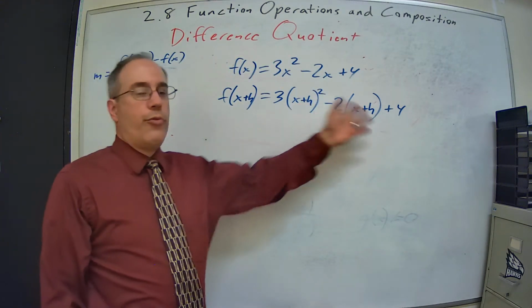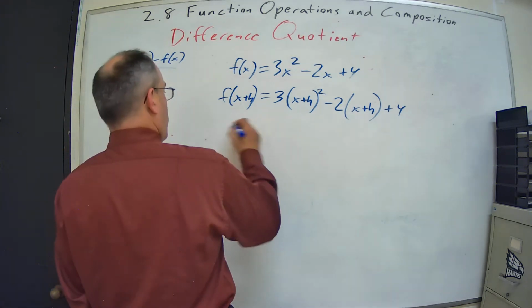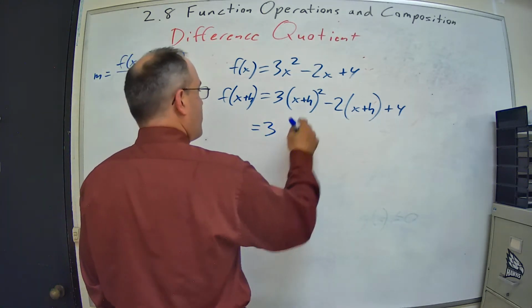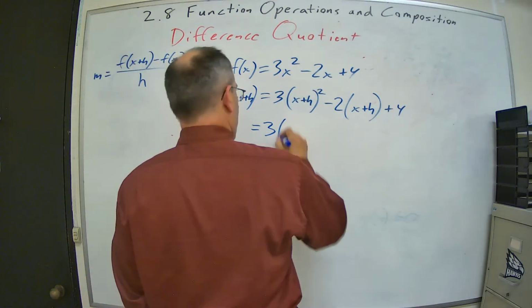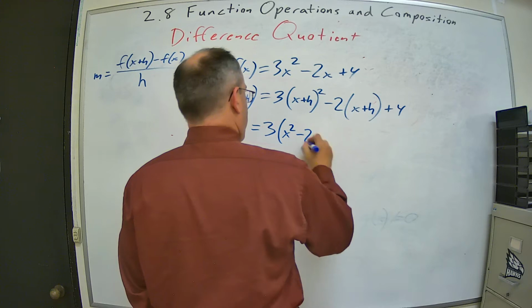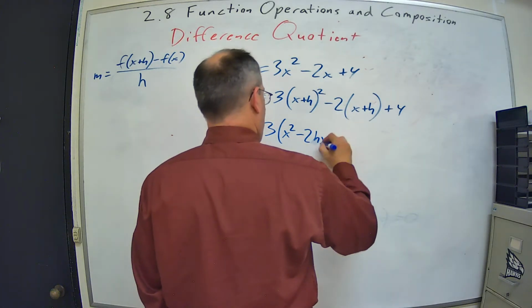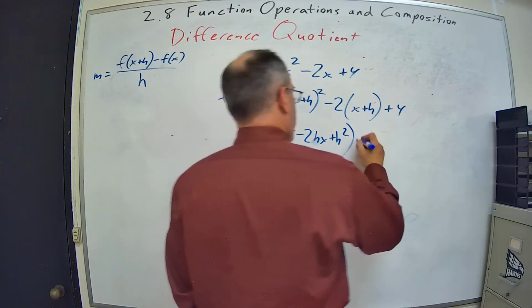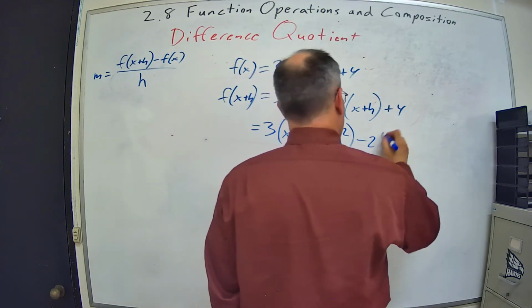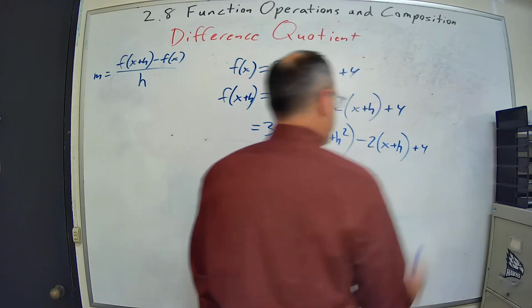And we can go through and try to simplify this a bit. So that is equal to 3 times, well, that's the square of a sum, so x squared plus 2hx plus h squared, minus 2 times (x plus h) plus 4.